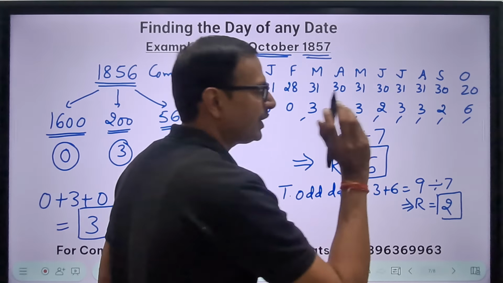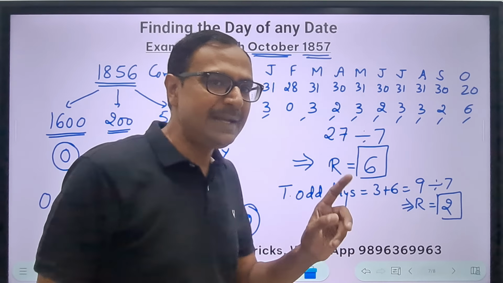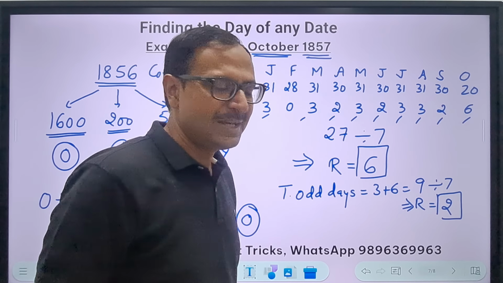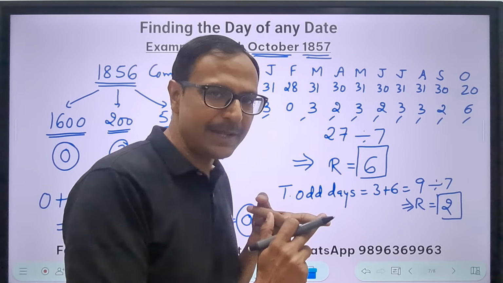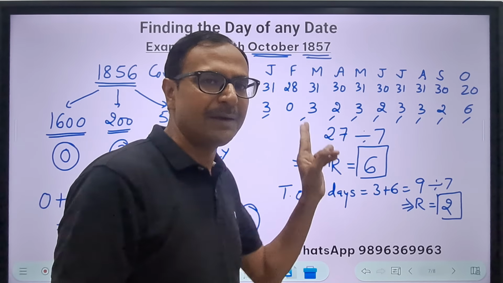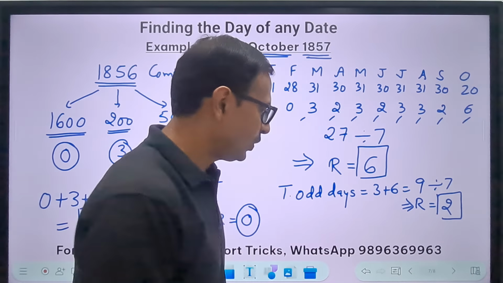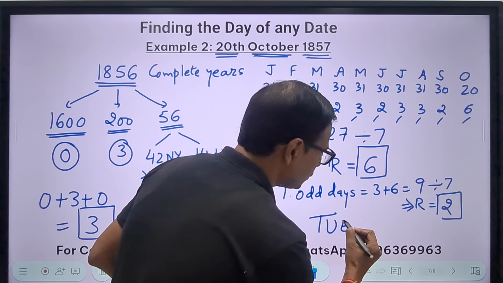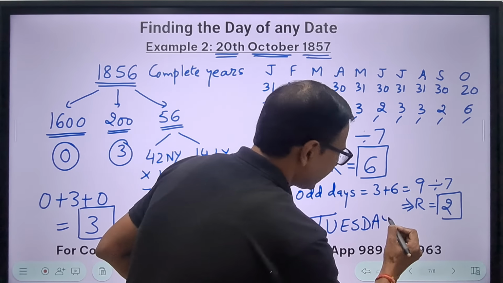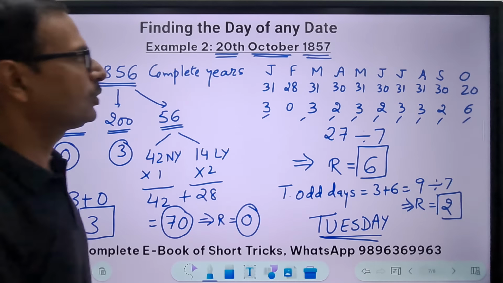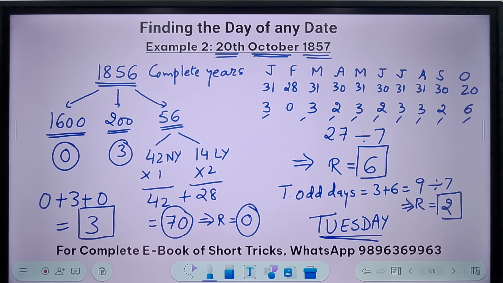And this is the quantity which will give us the day of the date. Corresponding to 0, we have Sunday. 1, Monday. So 2, it means it is a Tuesday. So you can check 20th October 1857 was Tuesday.